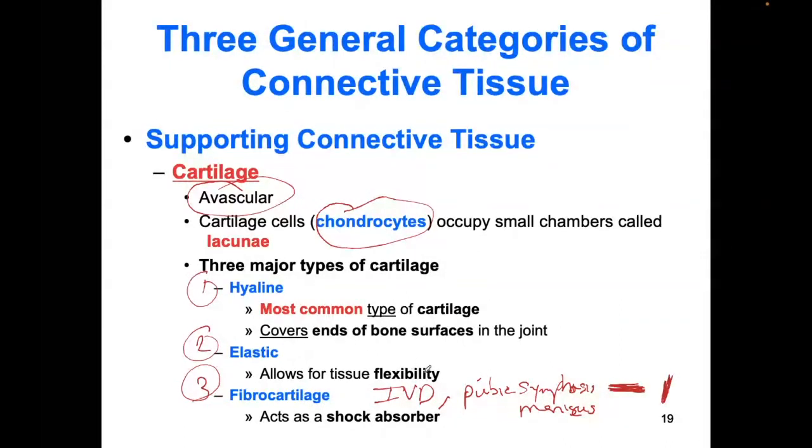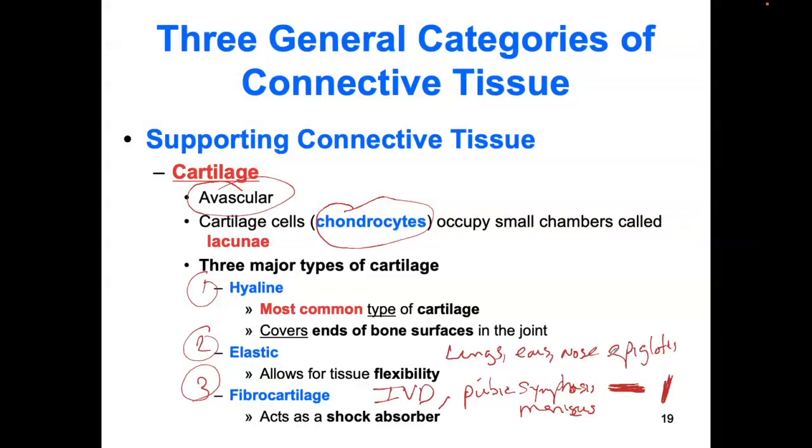Elastic cartilage allows for flexibility. We need flexibility in the lungs, the ears, the nose, the epiglottis, which is in the back of the throat. That's elastic.